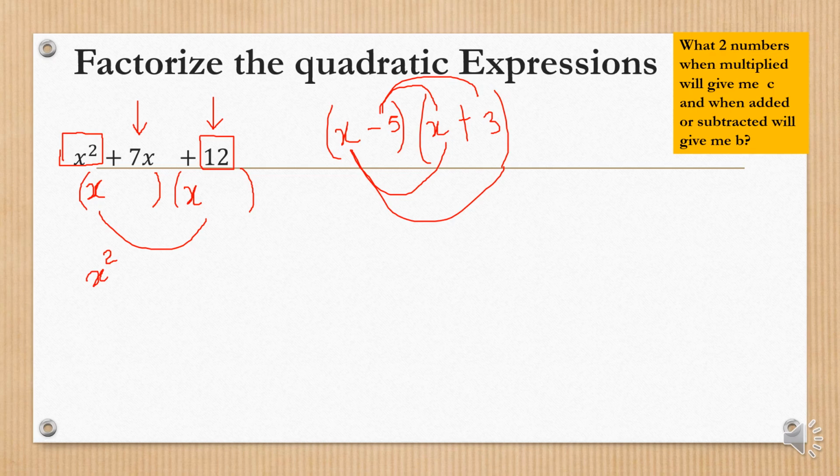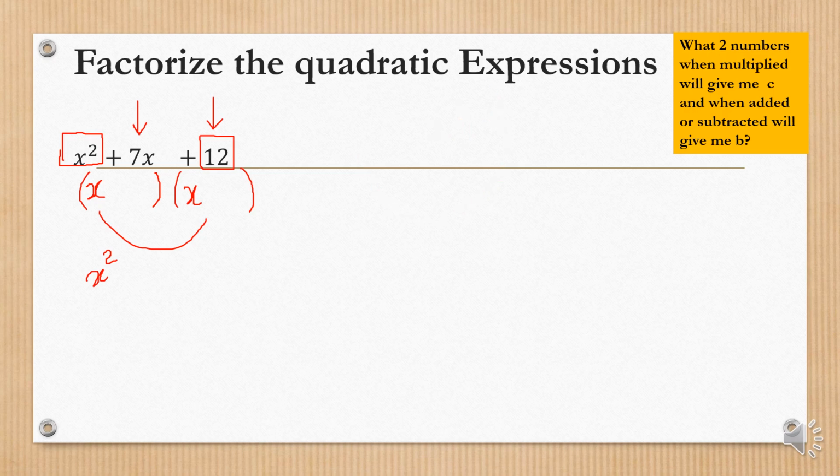What are the numbers that I can multiply to give me 12? To get 12, I can use 12 by 1 or 1 by 12. I could use 6 by 2 or 2 by 6. I can use 4 by 3 or 3 by 4.